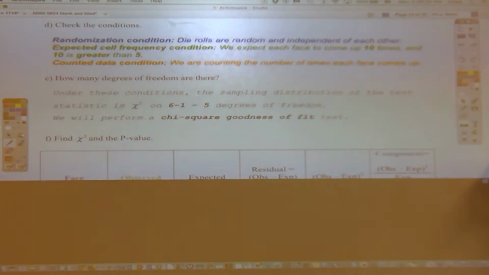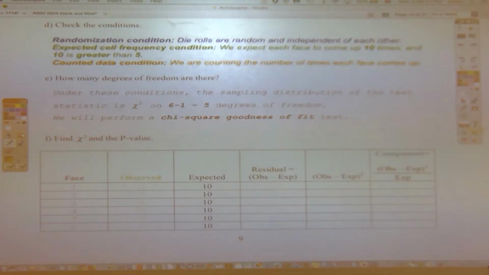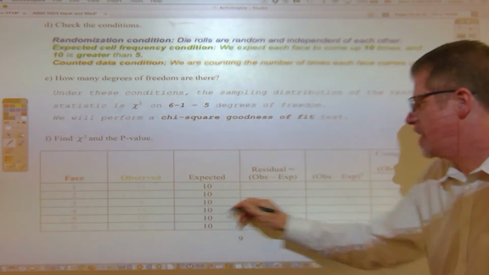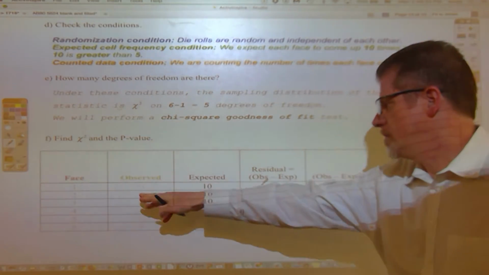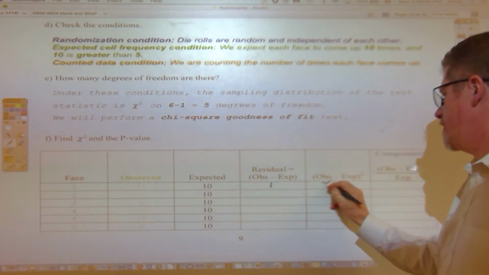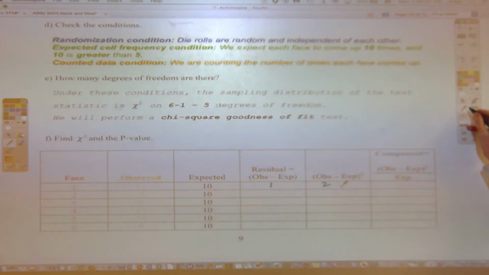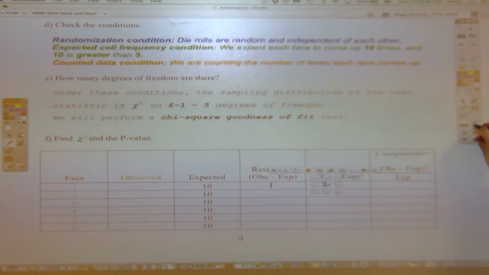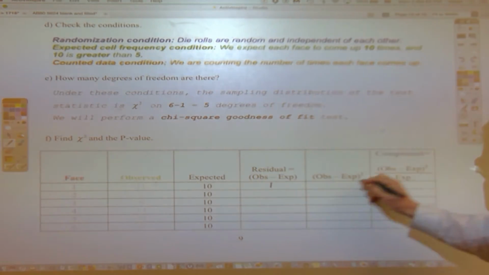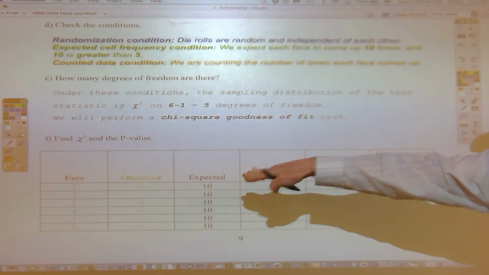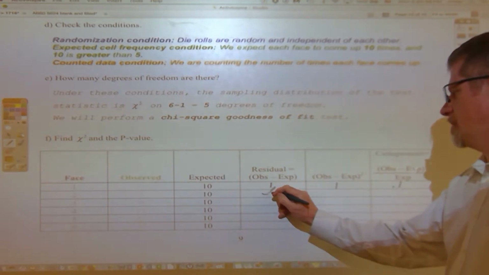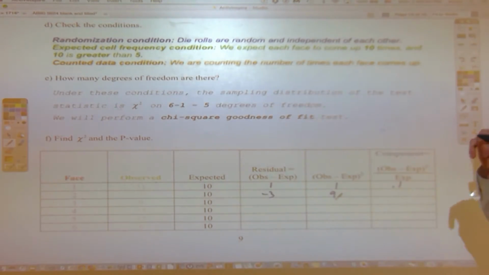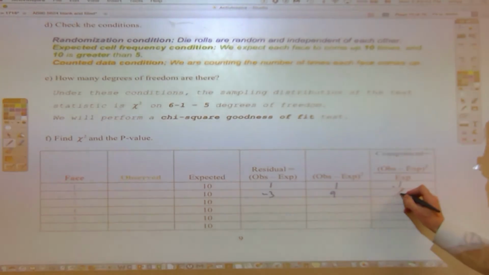By the way, you can calculate chi-squared by hand. Observed minus expected is 1, square it to get 1, and 1 divided by 10 is 0.1. Do the rest of them by hand. Observed minus expected, 3, square it, and then divide by 10.